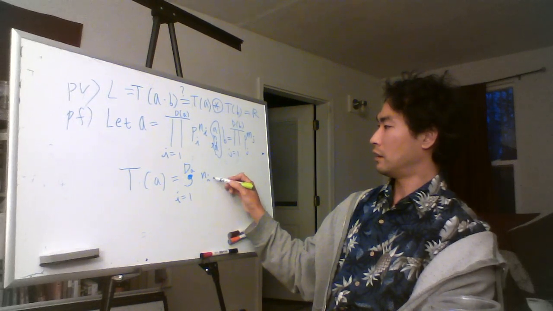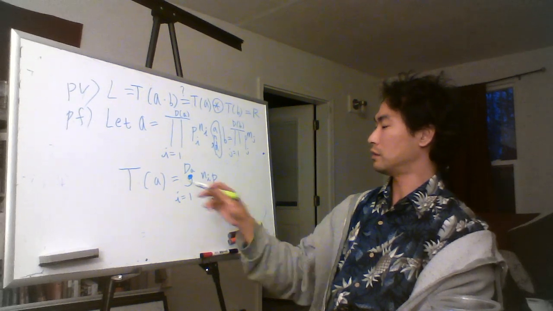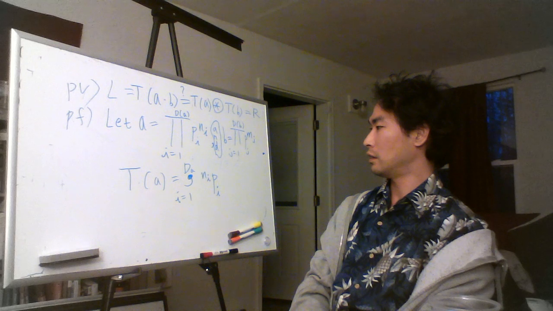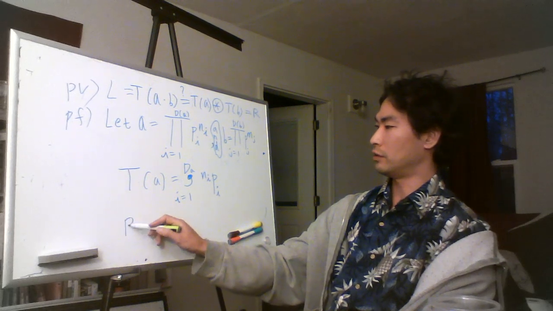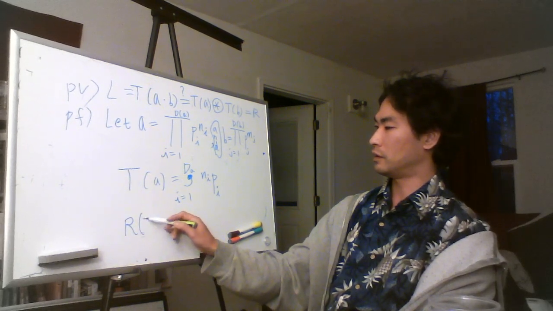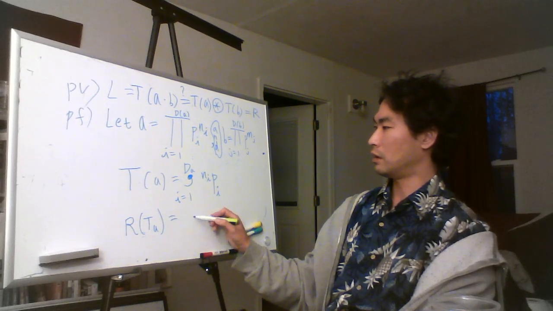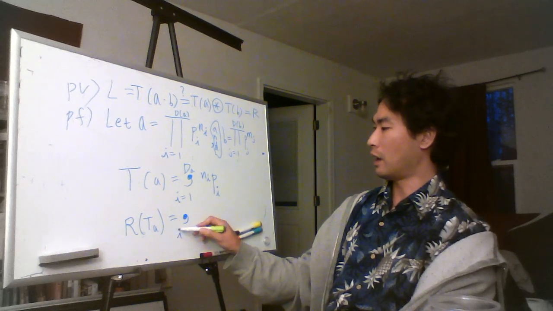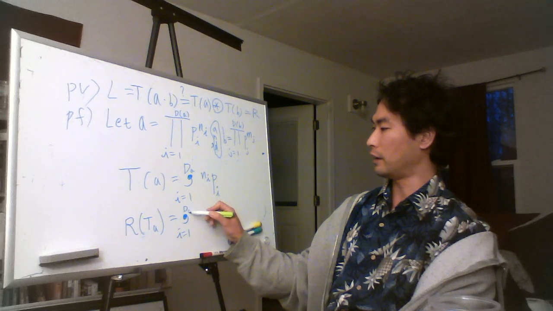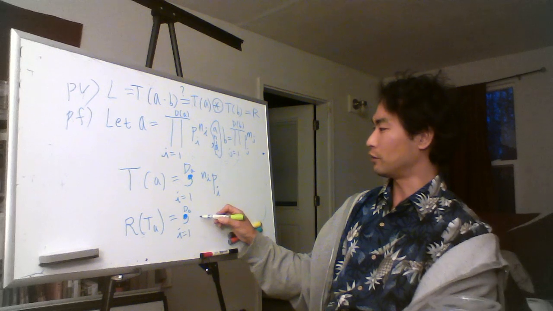So that's tau of a, and then the reduction of t of a is equal to, comma, i from 1 to d of a, like this, right?